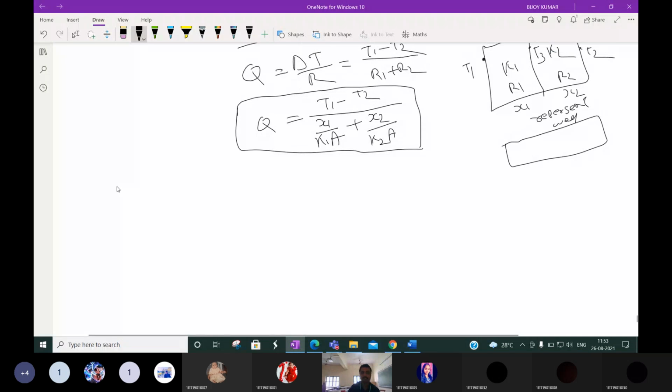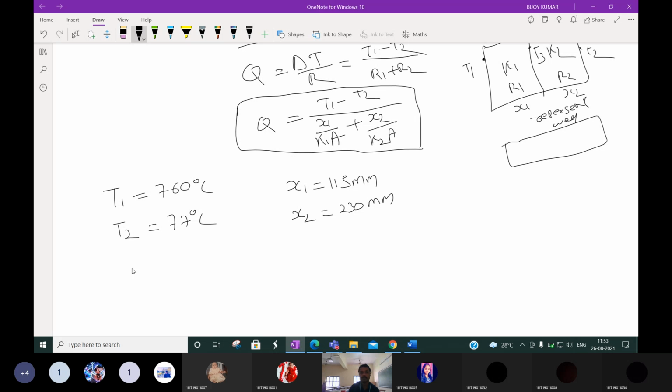T1 is 760 degrees centigrade. T2 is 77 degrees centigrade. X1 is 115 mm. X2, the thickness of the second wall, is 230 mm. Conductivity K1 is 0.4, K2 is 4.